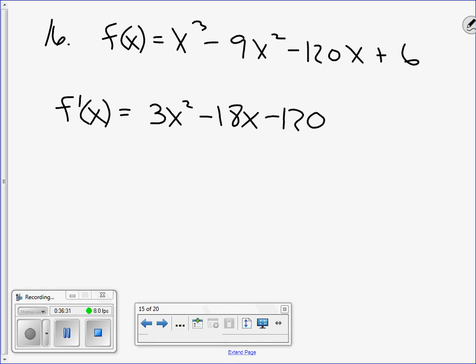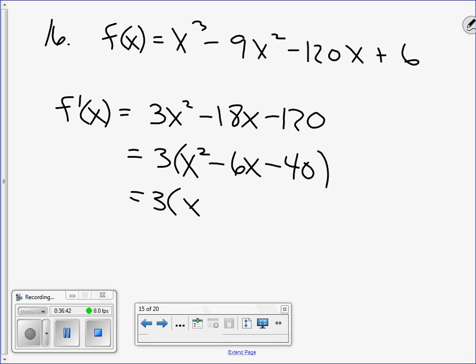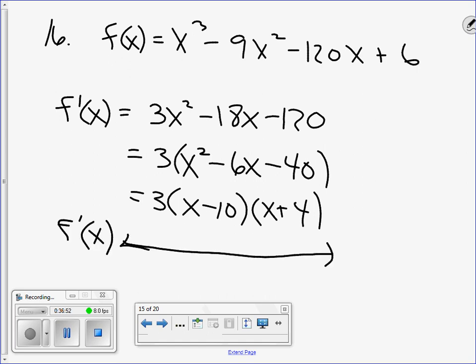So you just factor to see where it's 0. So the only places the first derivative could change sign would be at -4 and 10.